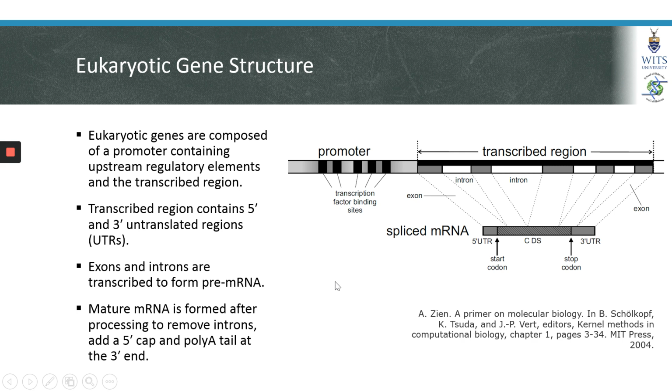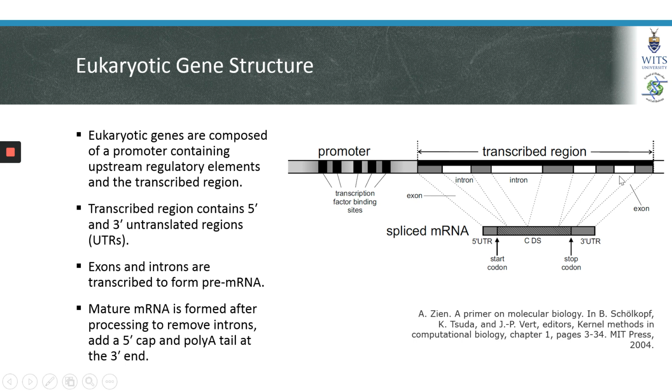So we need to understand that a gene is not just the coding region or the coding sequence anymore. In eukaryotes, when we talk about a gene, we refer to both the upstream regulatory elements, or the transcription factor binding sites. These regulatory elements can also include binding sites for repressors, enhancers, or silencers.